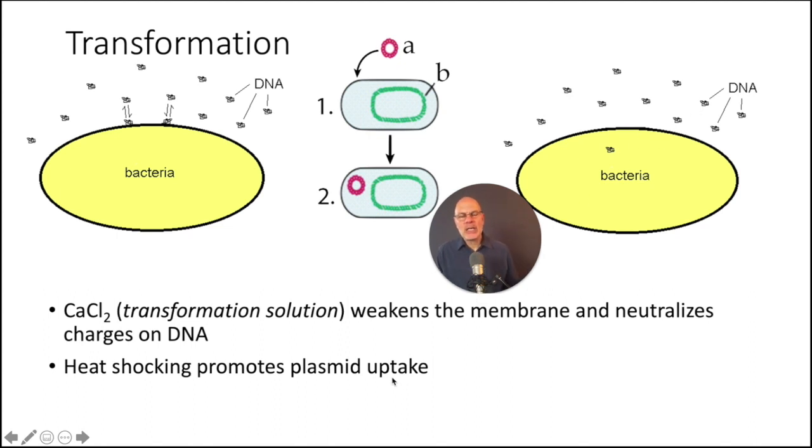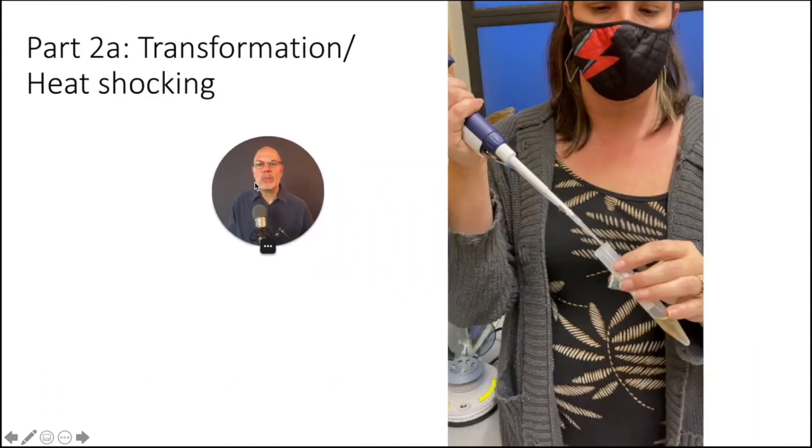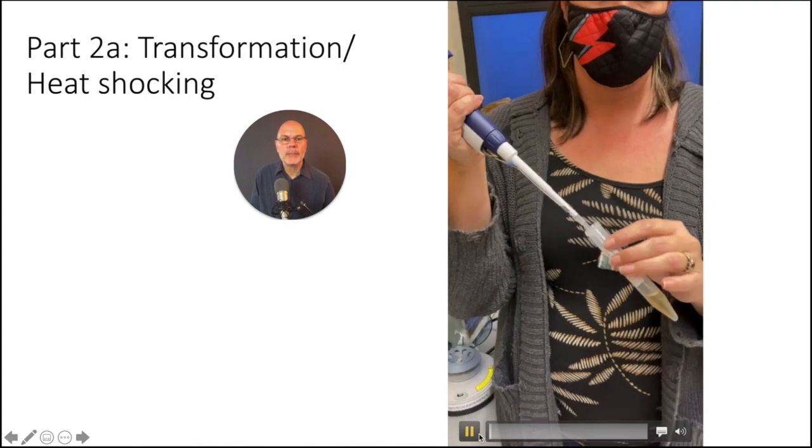And the heat shocking promotes plasmid uptake, again, by disrupting the membrane, allowing the DNA, as it were, to slip through. So we're going to see the process of heat shocking performed by Ms. Berg, and let's see her do it.